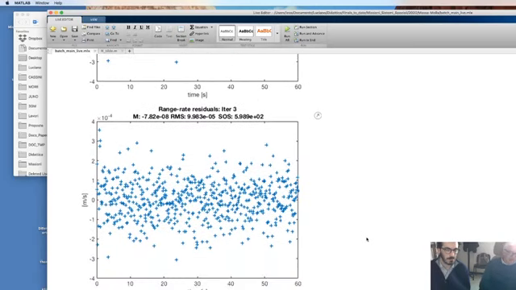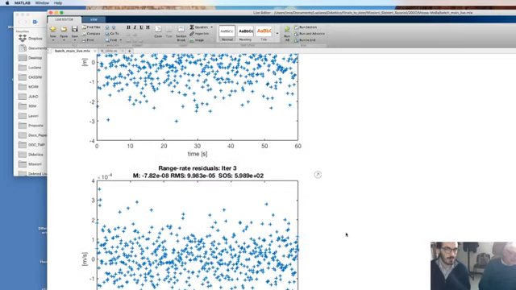Yes. There is only one interesting remark here. You saw that while range residuals looked white, range rate did not yet.